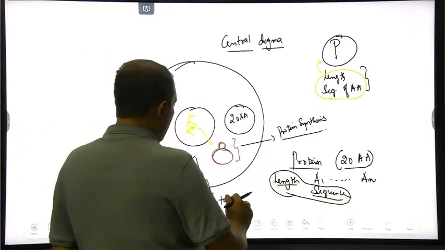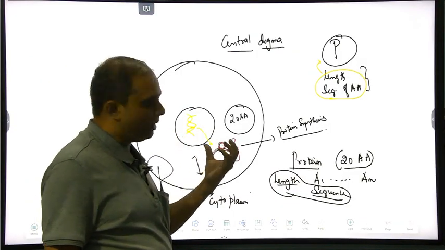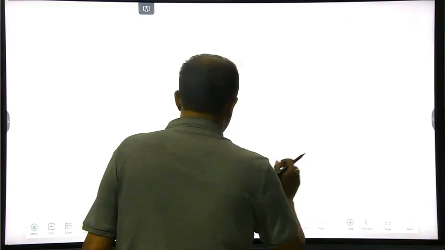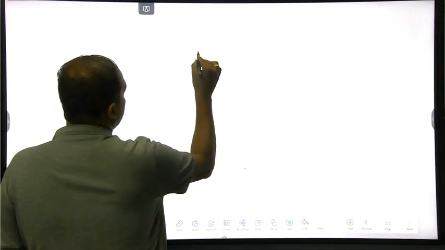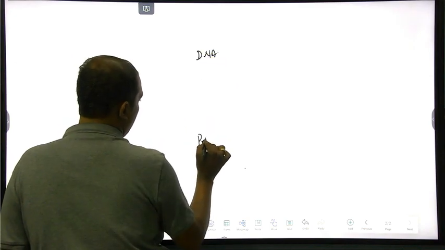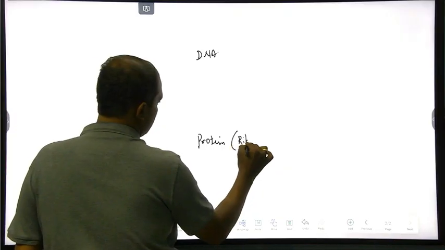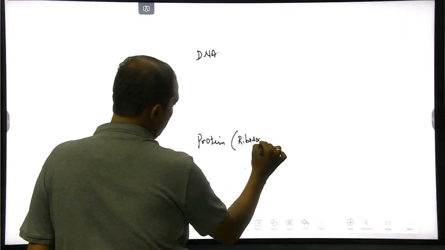Now this ribosome should get the information from the DNA. So what do we do? So let's take DNA. Here you have protein, which is synthesized in the ribosome.